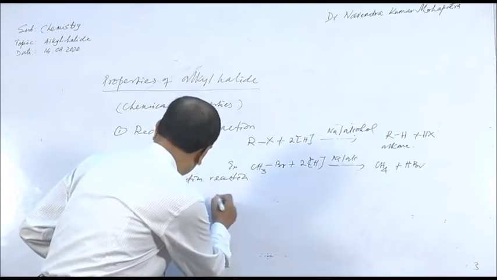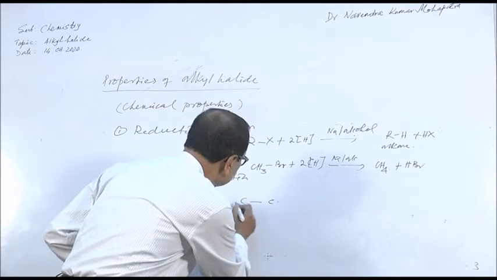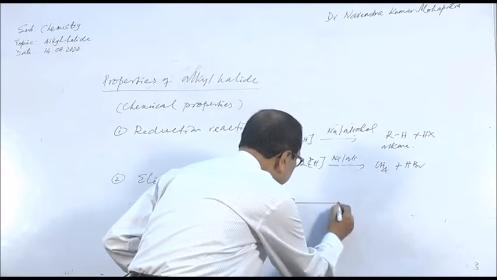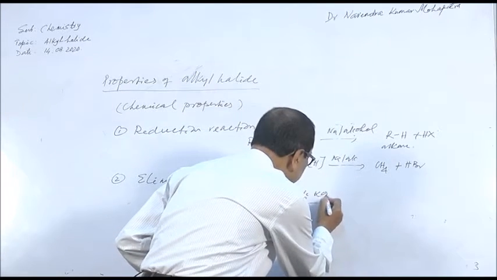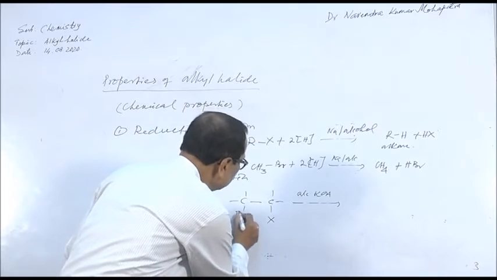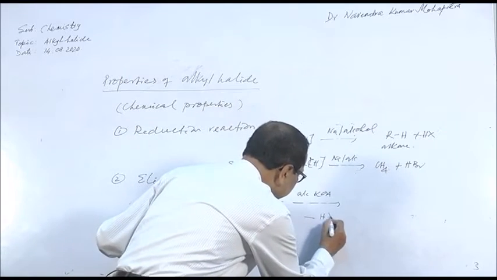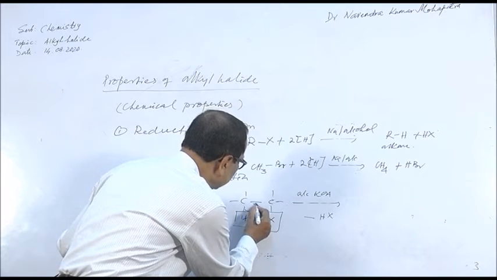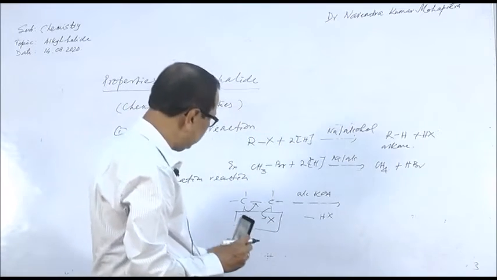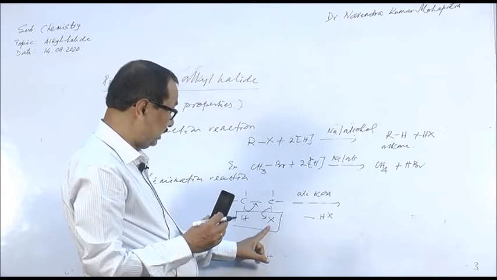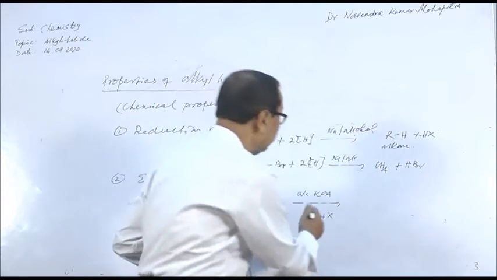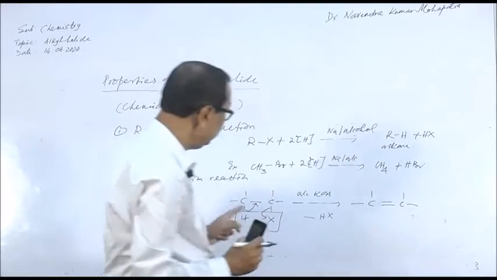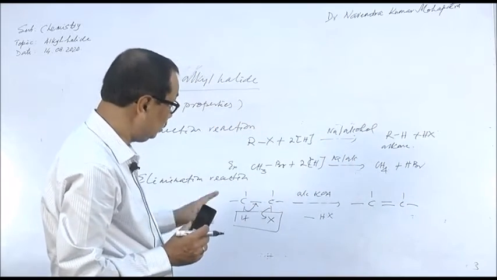We can represent this elimination reaction like this: alkyl halide treated with alcoholic KOH loses one molecule of HX. We write this reaction in this manner: hydrogen eliminated as H plus, halogen eliminated as X minus, as the product HX, and a carbon-carbon double bond is generated between the two carbon atoms.